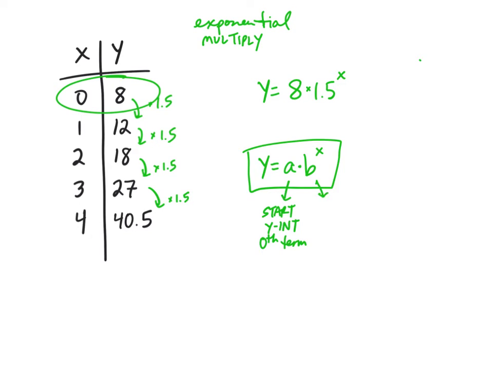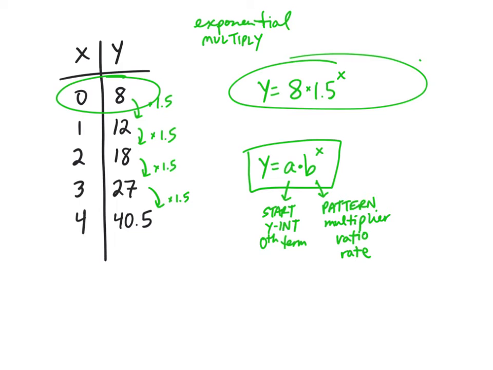B would be, I guess I could say pattern, but we know that the pattern is not adding. It clearly says times b, so a better word might be the multiplier, or you might see in some books that it's called the ratio or the rate that it multiplies by. So we'll be referencing that a little bit, but really our answer is the starting point of 8 times 1.5 to the power of x.